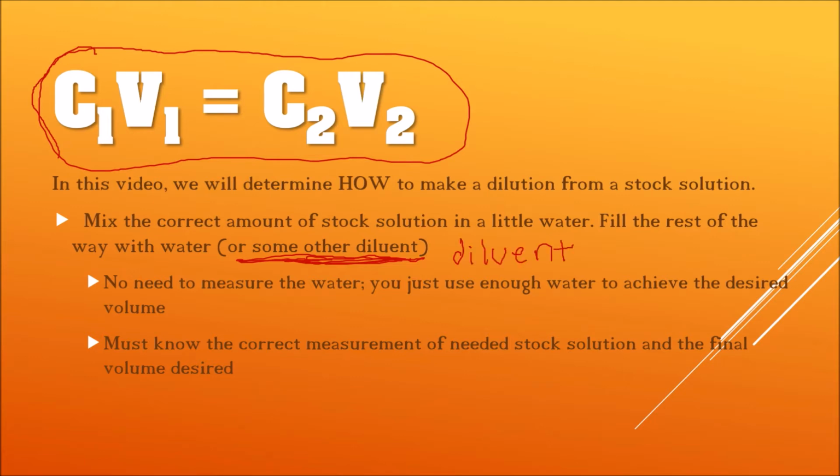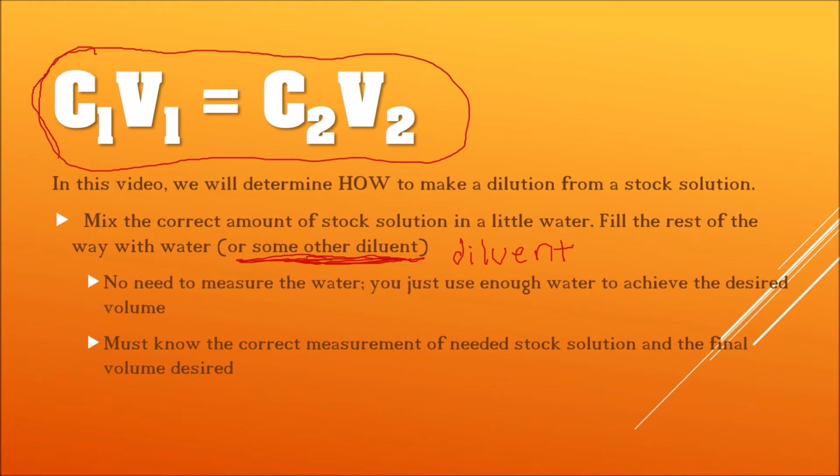There's no need to measure the water, because you have the other measurements. You're measuring the stock solution that you're putting in, and you know what the final volume needs to be. So you put the stock solution in, and then you just fill it up the rest of the way with water. You don't need to measure the water, you just fill it up.